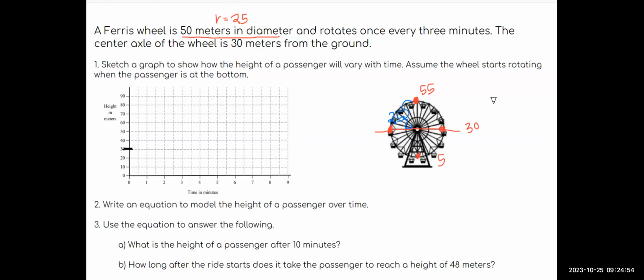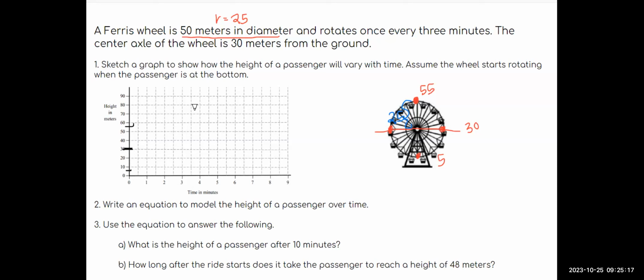All right, so then over here on the graph, and by the way, the graph is modeling the height over time. Okay, so the maximum height reached is 55, and the minimum height is 5. Okay, so go ahead and set up that part of the graph.